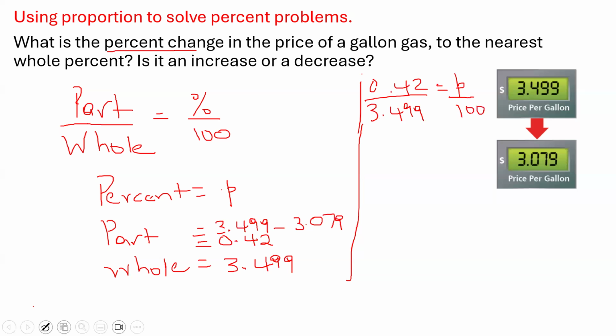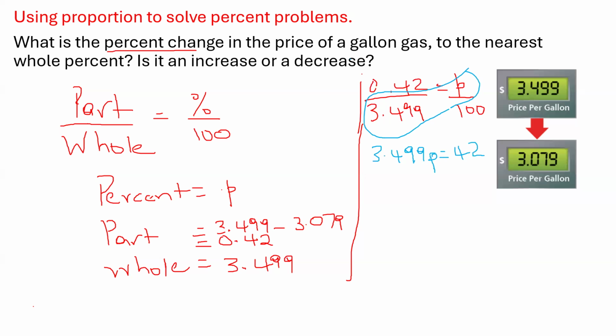Okay, now that we have our proportion, we are going to go ahead and solve by cross multiplying. So we're going to multiply P times 3.499, which is 3.499P, equals 42 cents times 100, which is 42.